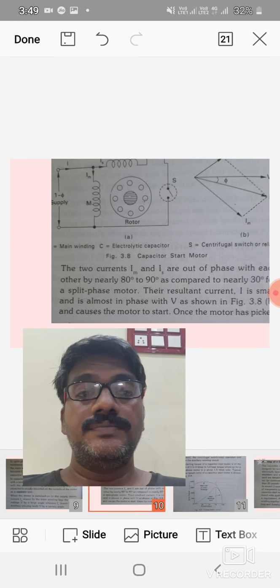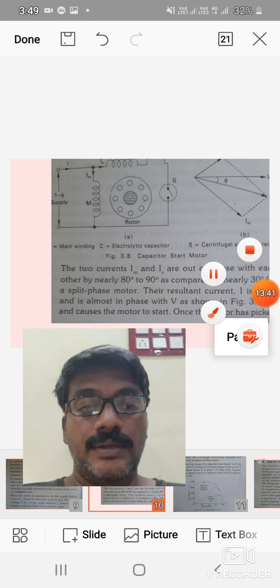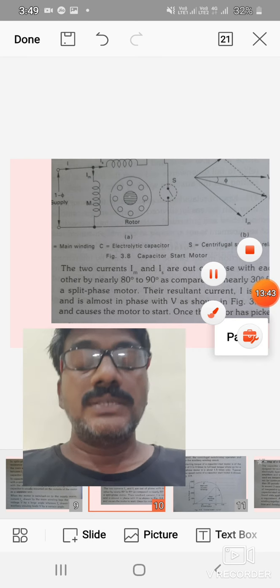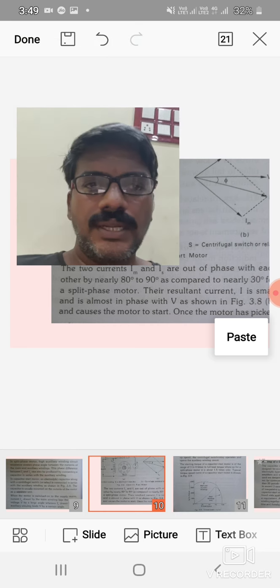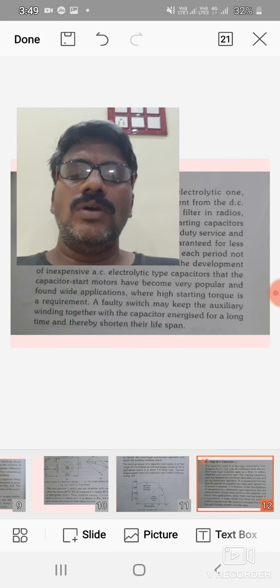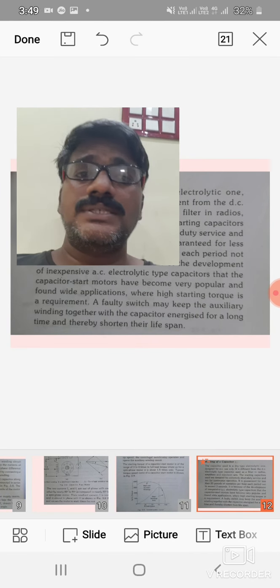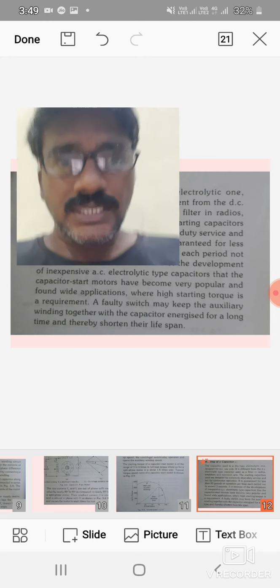Next, we will consider the capacitor start and capacitor run motor. Why are we going for the capacitor start and capacitor run motor? The main disadvantage in the capacitor start.